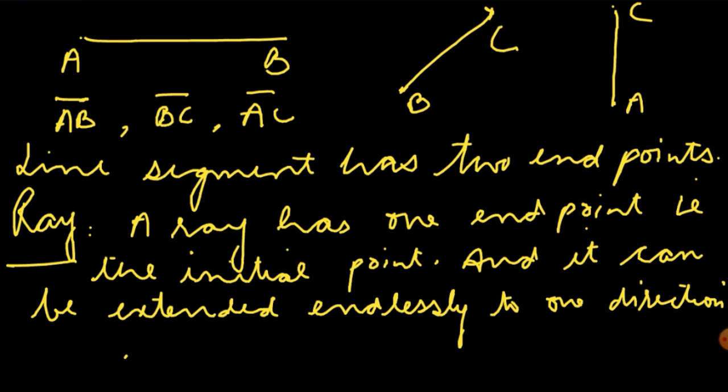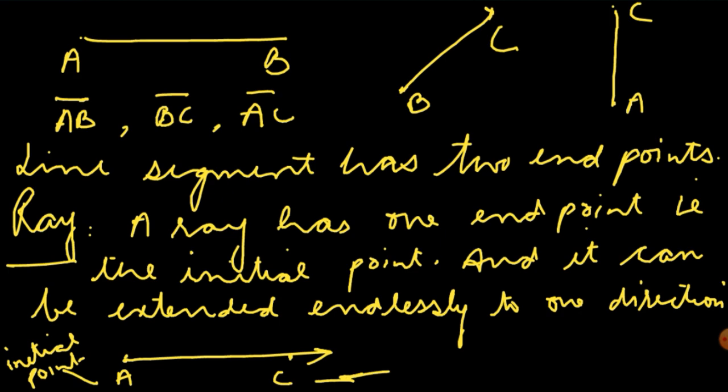How? Suppose this one is ray AC. So this A is the initial point, and this side it can be extended endlessly. Okay.